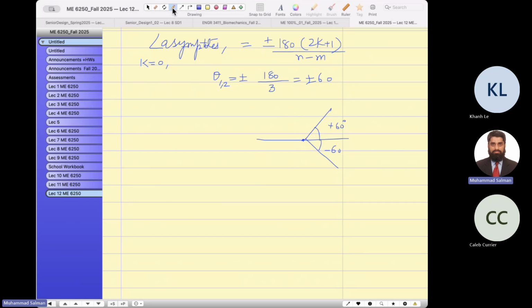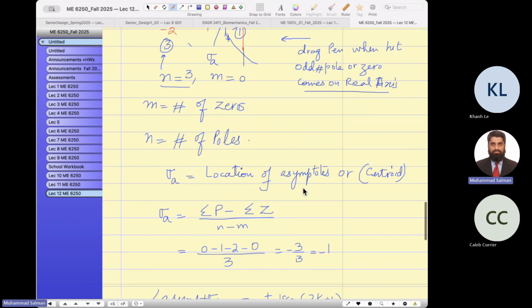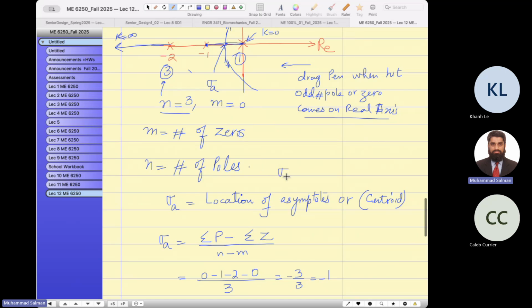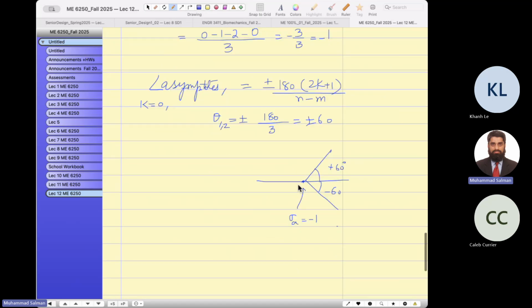This is sigma a. Agreed? We need one more angle, because how many asymptotes do we have? The number of asymptotes equals n minus m. You see my point? Asymptotes equal n minus m.